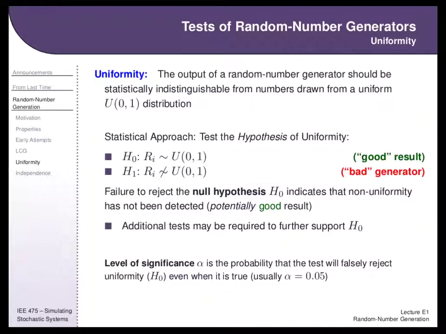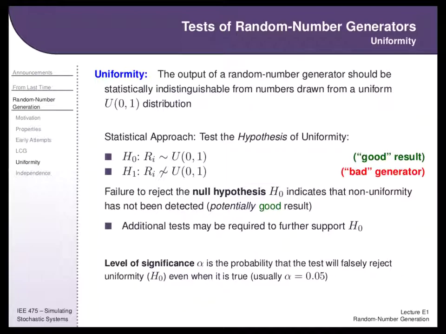We don't want to reject the null. Now, we can never accept the null, but if we've rejected uniformity, we know it's a bad number generator. And so we are going to look at tests that have the potential to reject the null even with very little evidence. So that's kind of what we're getting here.